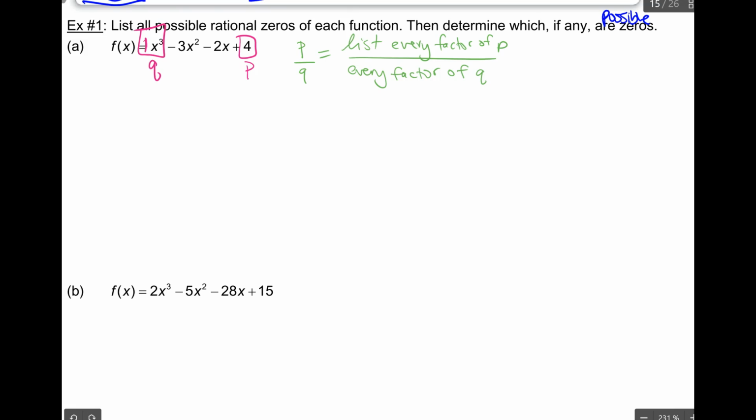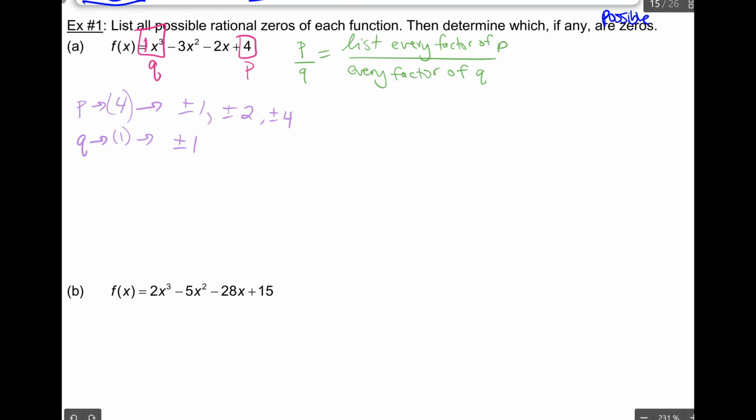I need to list the factors of p, which is 4. The factors are plus or minus 1, plus or minus 2, plus or minus 4, because those are the only things that can multiply to 4. Then I list my factors of q, which is 1, so plus or minus 1.